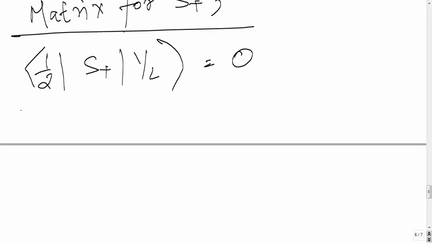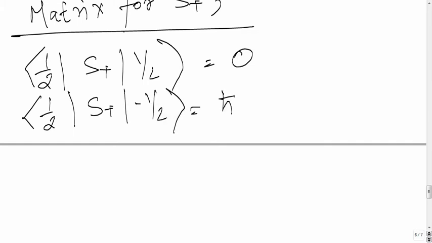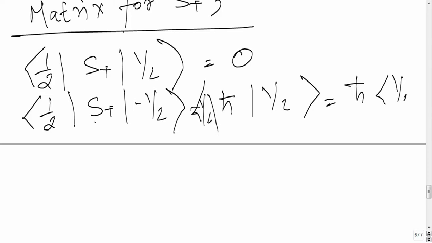And similarly, plus half, S plus, minus half would give us ħ, the eigenvalue of this operator operating on minus half, which raises this value to plus half, and we have another half, and the inner product is 1.